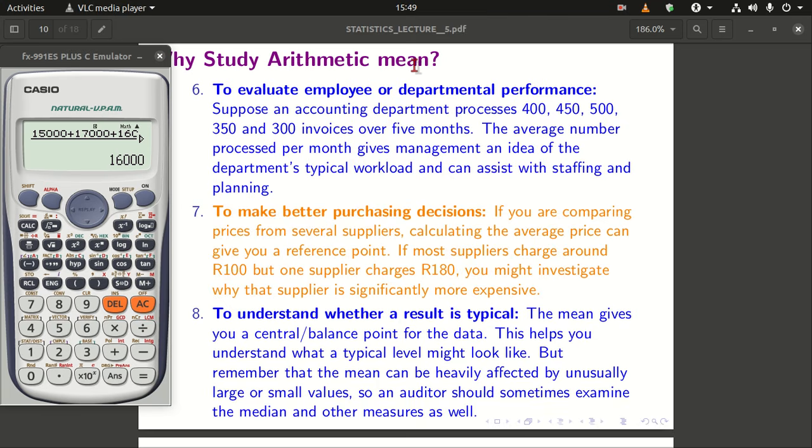Another one is when you want to purchase. Let's say this year you are about to change your supplier, and the following year you want to find the one that is suitable for your deal.